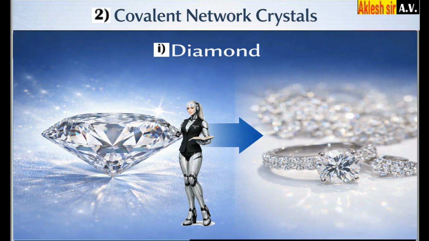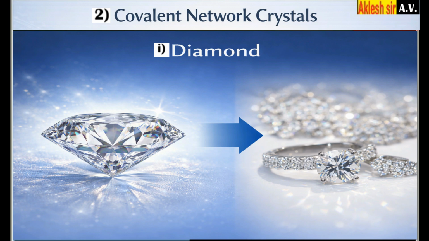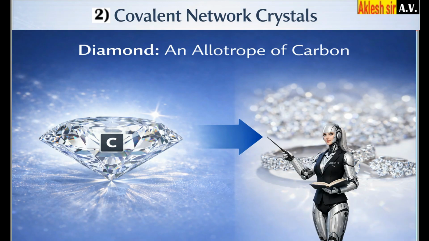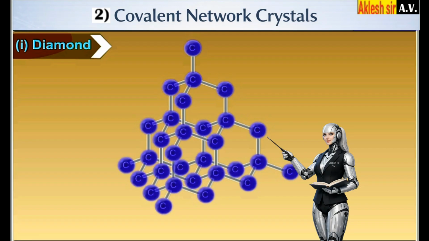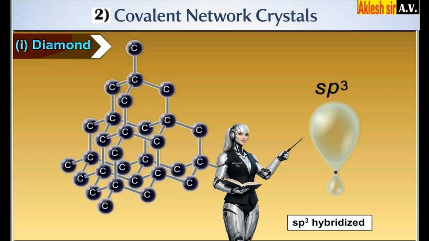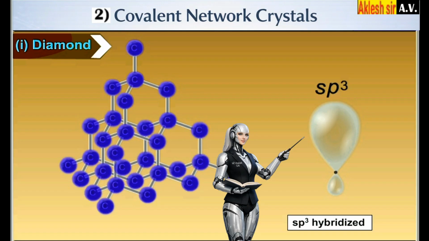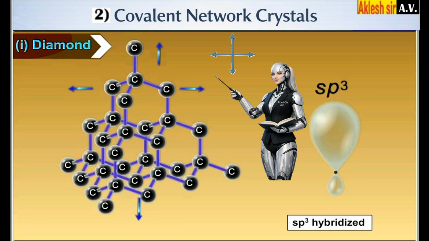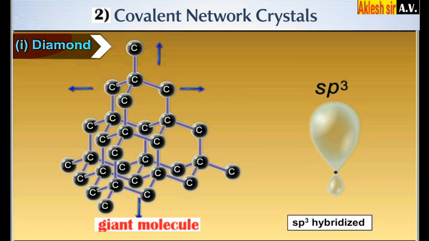Diamond. It is the most precious crystal used in jewelry, and it is an allotropic form of carbon. All carbon atoms in diamond are sp3 hybridized, and the bonding continues in all directions to form a big, giant network of covalent solids.